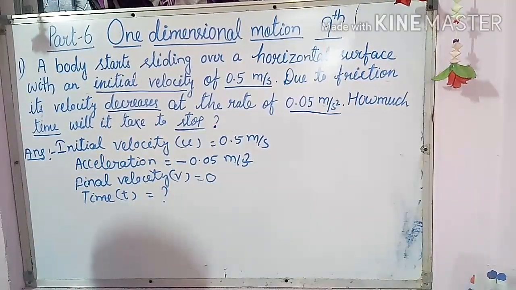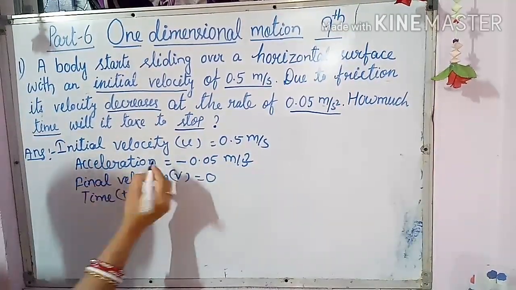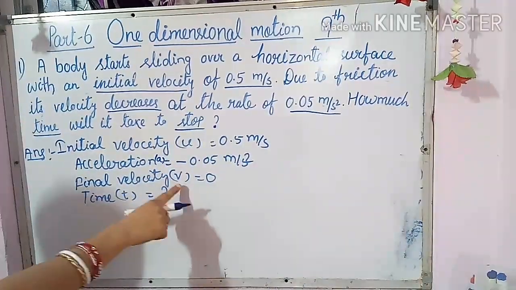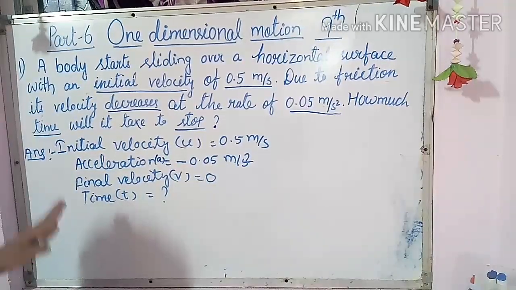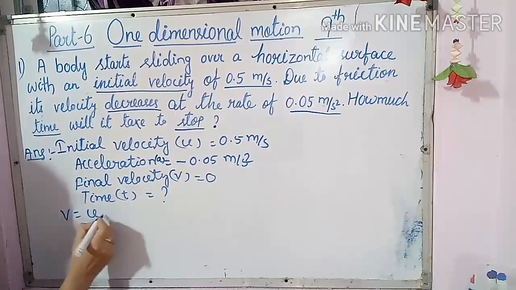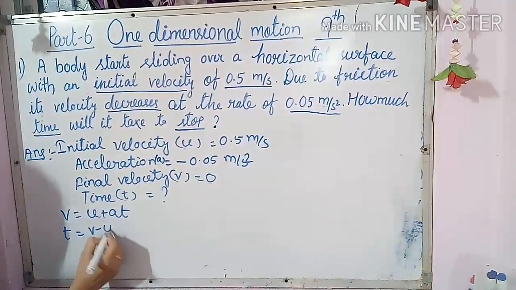As you know, there are 3 equations of motion. Now see which conditions have been given. Acceleration is a. So now you understand: v, u, a are given, t is asked, which means you can simply apply the first equation of motion, v equal to u plus at. From here we can calculate t equal to v minus u by a.